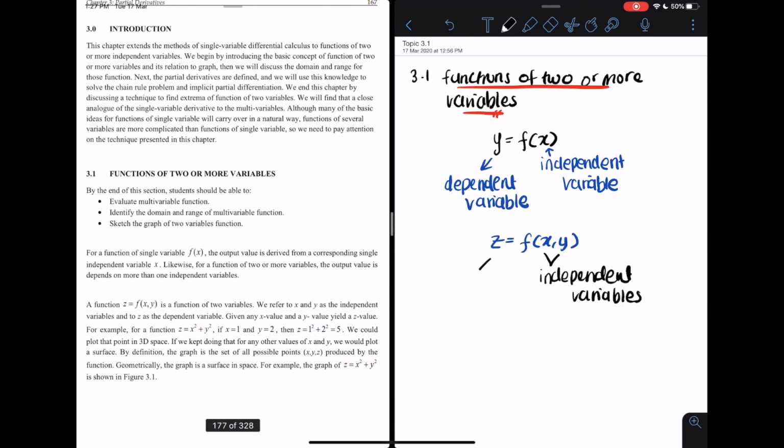Meanwhile, you will call z as dependent variable. The reason being, the value of z will always depend on the variables x and y. So by the end of topic 3.1, you should be able to evaluate multivariable function, identify the domain and range of multivariable functions, and last but not least, sketch the graph of two variable functions.